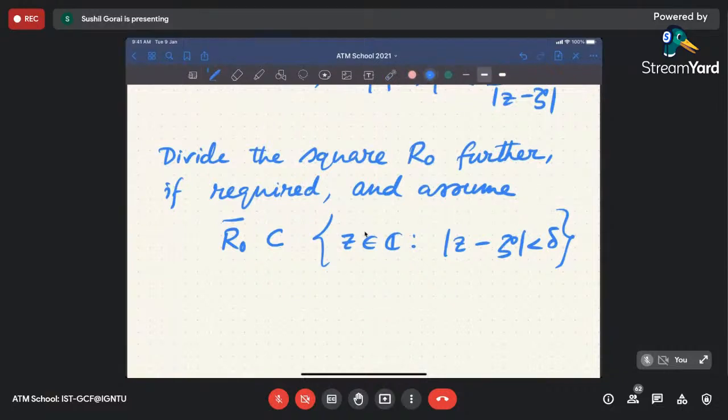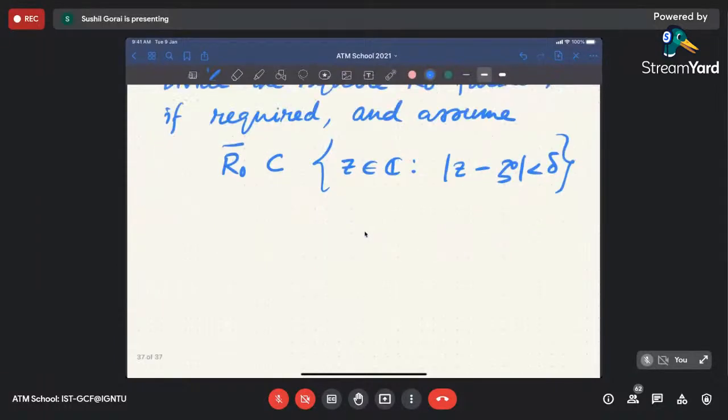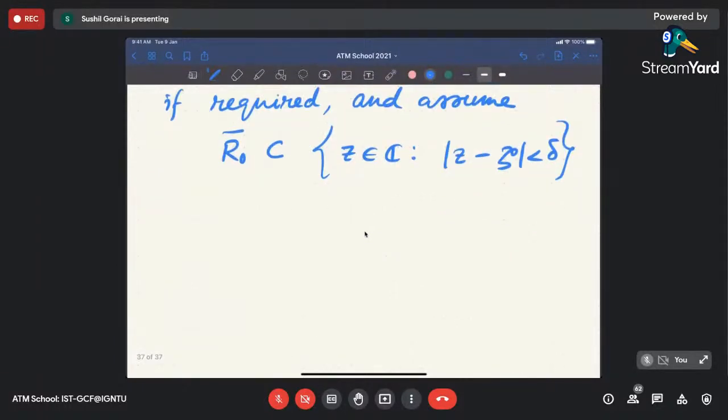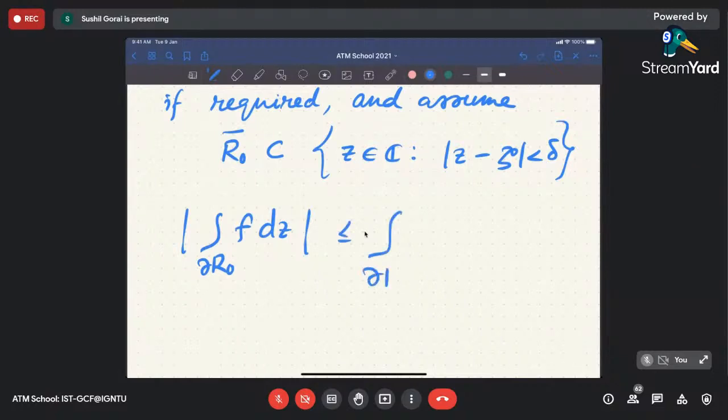Now, once this is there, we will estimate the integral. The modulus of the integral is less than or equal to the integral over del R naught of mod f(z) mod dz.